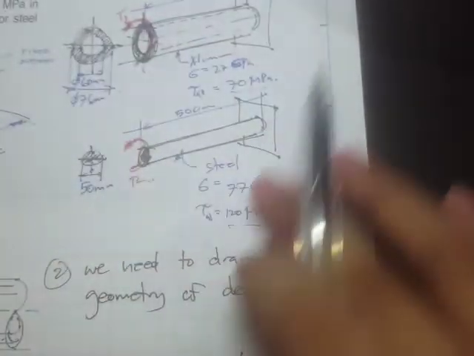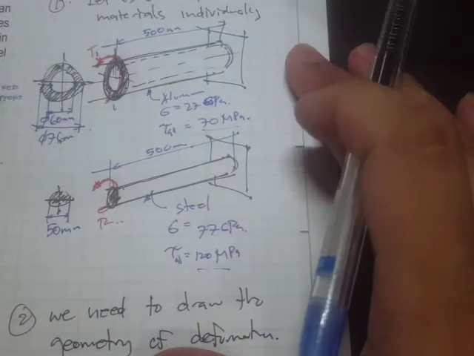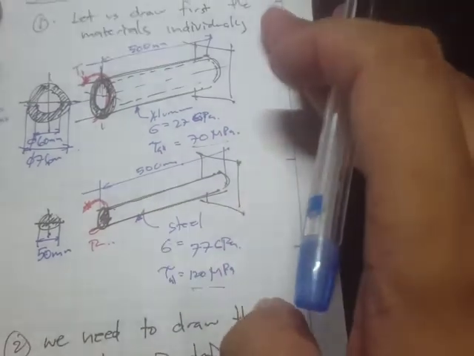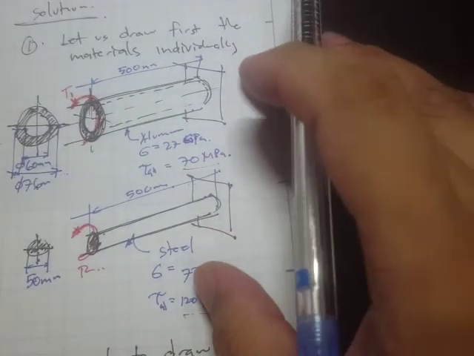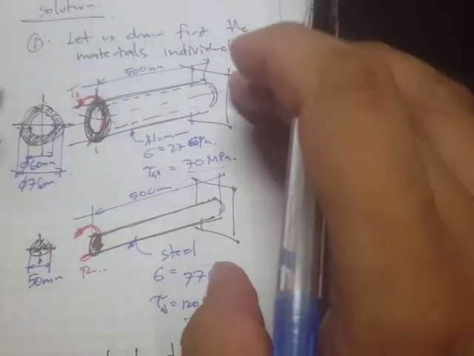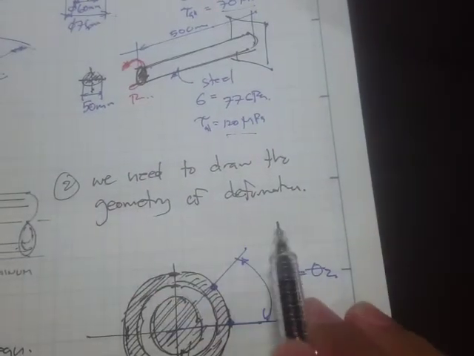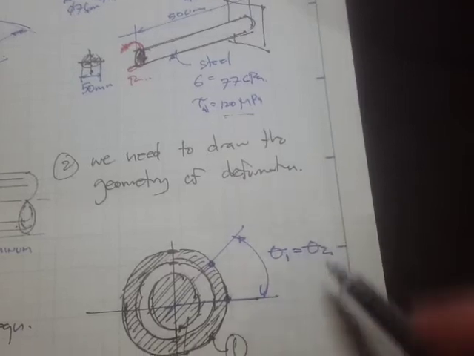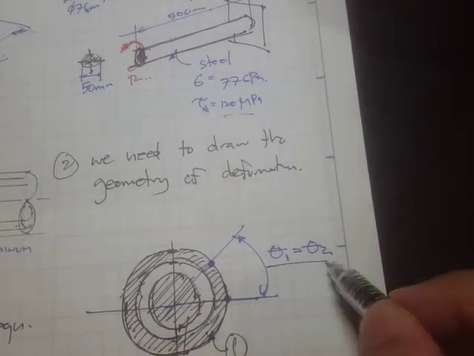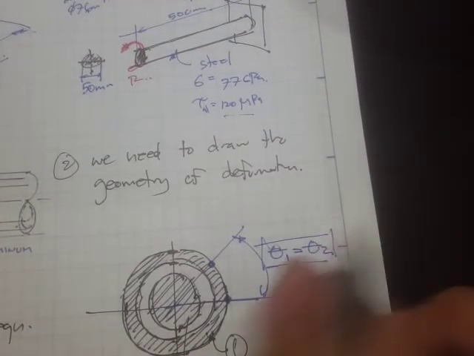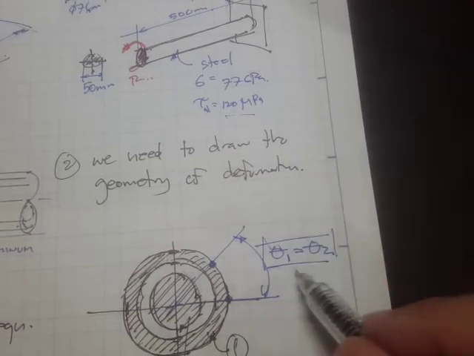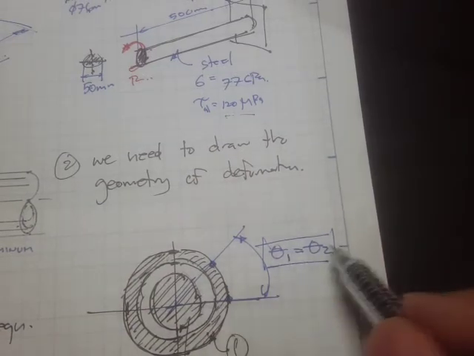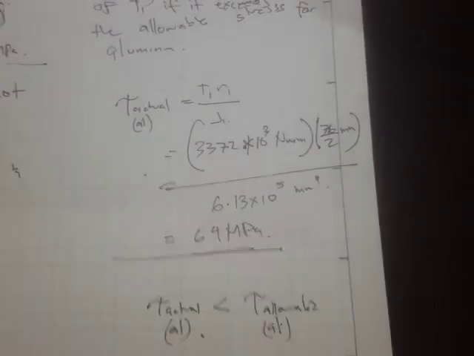Okay, after that we make some more drawings so that we can further visualize, and we draw the materials individually. After that, we draw the geometry of deformation, and we obtain these compatibility conditions: the angle of twist at material 1 is equal to the angle of twist at material 2.